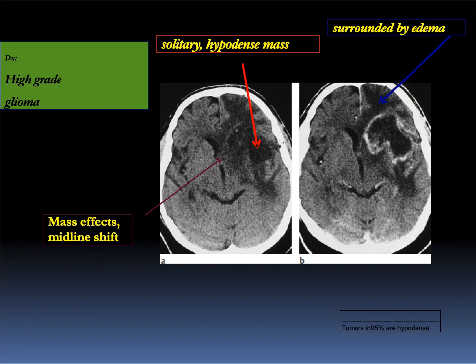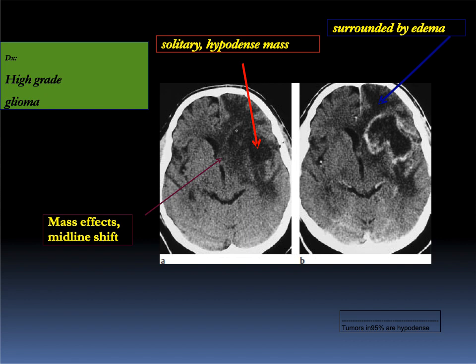Or sometimes high-grade tumors. For example, on your left side, the lesion is hypodense, with midline shift, and on the right side, after contrast, there is enhancement, surrounded by edema. So this is a high-grade glioma, GBM, glioblastoma multiforme.